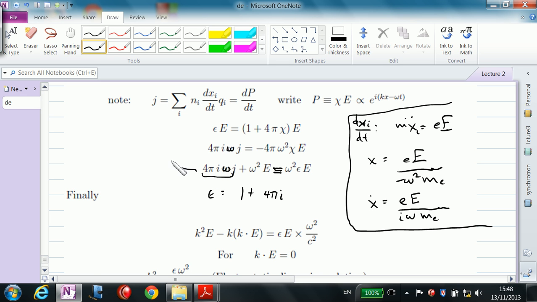This here is 4 pi omega squared chi e. So I have a 4 pi, I have an i, and I have a chi. And chi, by the way, can be a function of omega.